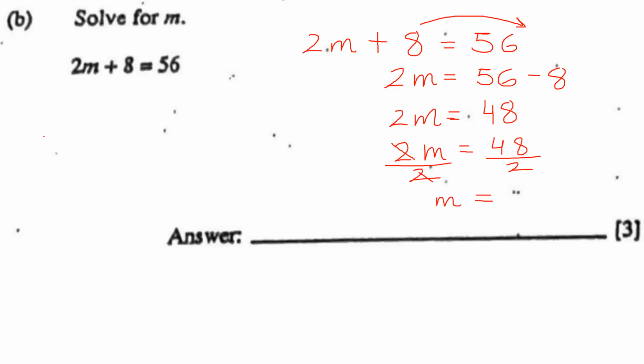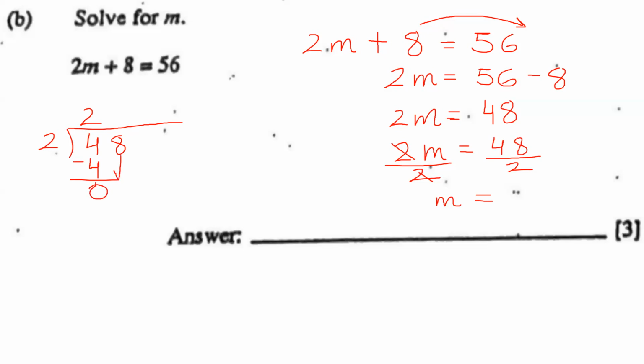What is half of 48? How many times does 2 go into 4? 2 goes into 4 twice, because 2 times 2 is 4. And 4 minus 4 is what? 0.